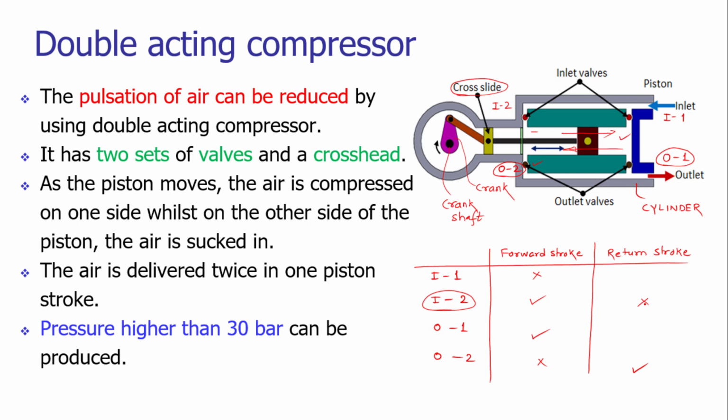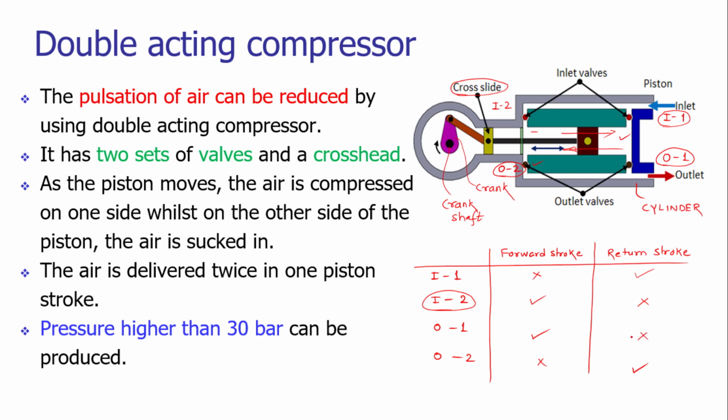As the piston is moving from right to left, there is a generation of pressure difference or vacuum at the top dead center, and due to that the inlet valve 1 will be open, and due to the spring force the outlet valve 1 will be closed.